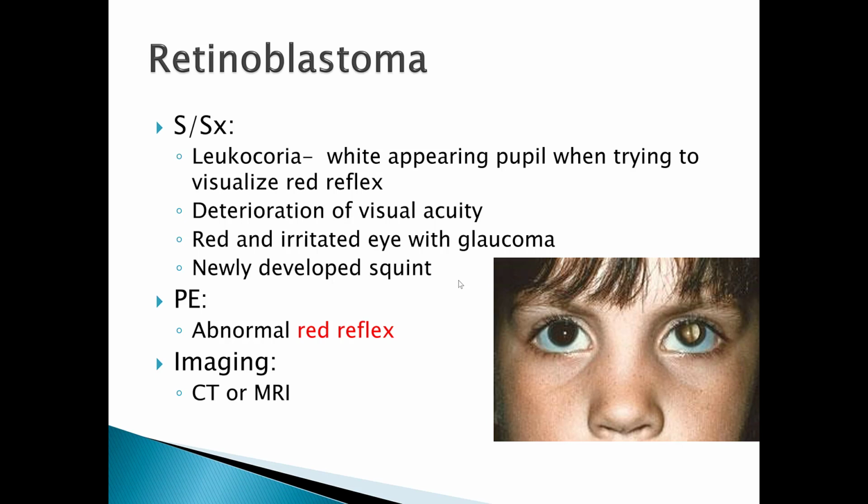The kids will sometimes have deterioration of visual acuity, and they may start tilting their head one way or the other. They may have a red irritated eye with glaucoma. They may have a newly developed squint. They may have some excess tearing. And you have to do imaging such as a CT or MRI.